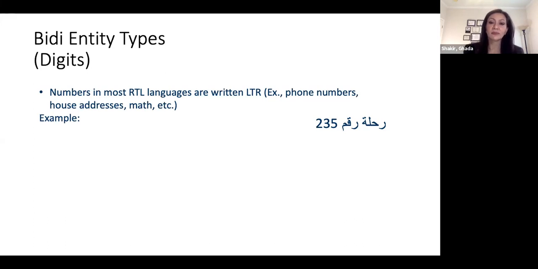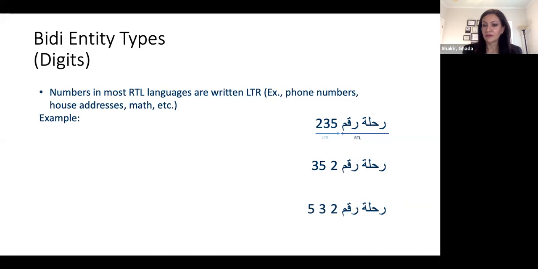However, if we put a space between the 235, between the 2 and the 3, this is what we get. The number 2 now follows the direction of the character that precedes it. Again, if we put a space between 3 and 5, that will also get flipped.